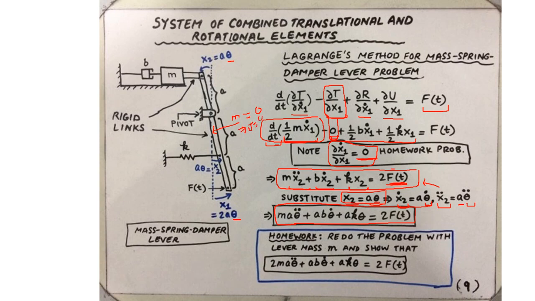However, if we do include the mass of the lever, if that is taken as m, then as part of your homework, show that the expression obtained from the Lagrange's equation will be the same except for the first term that is going to get doubled. So that will be 2 times mass m times the parameter a, describing the length of the lever, and then theta double dot. So only the first term will be changed, right?